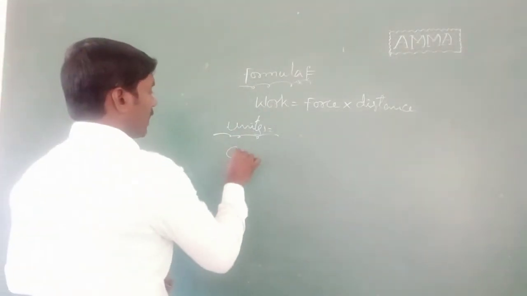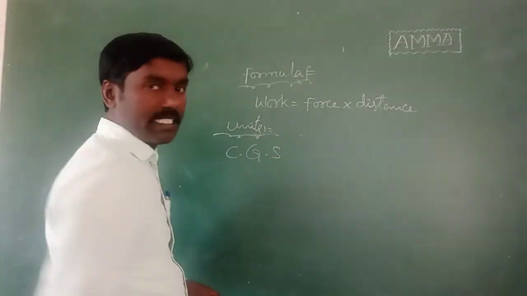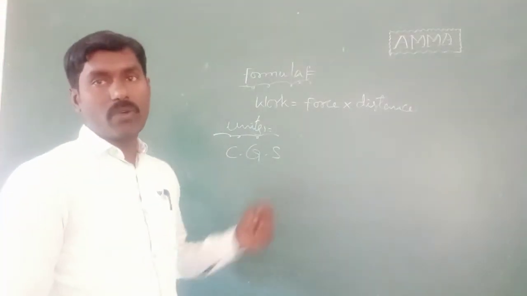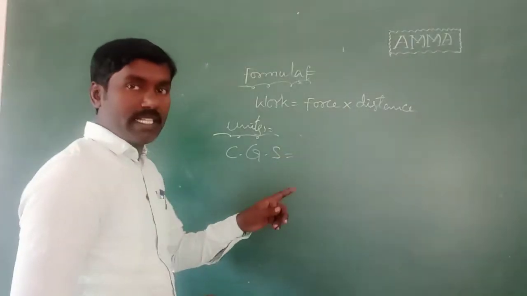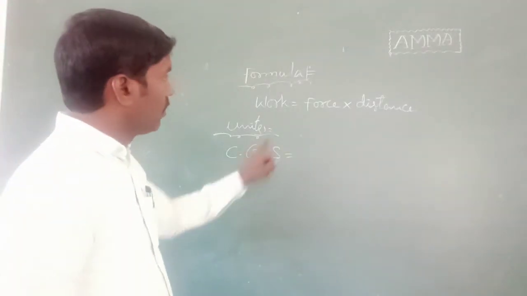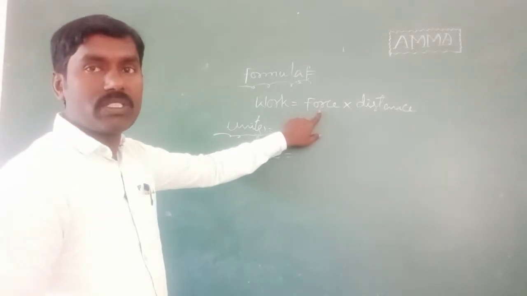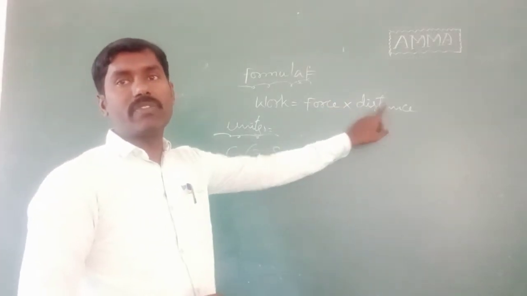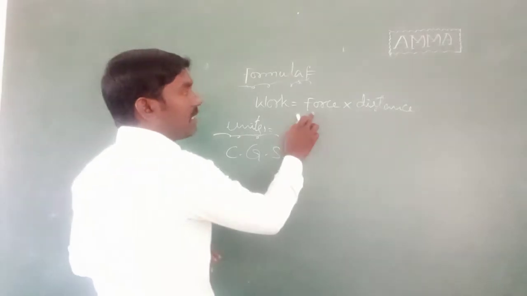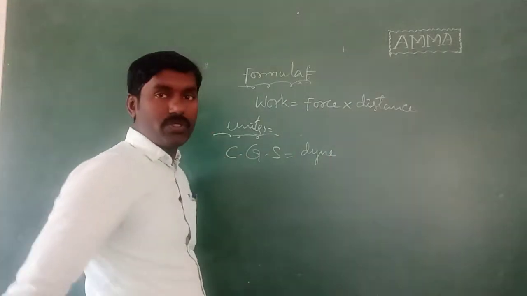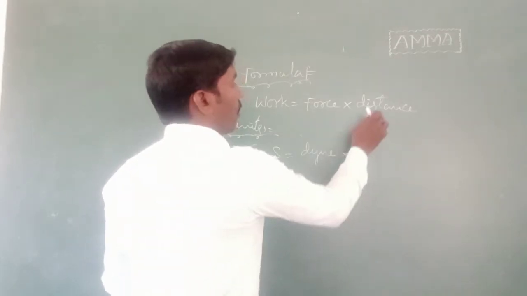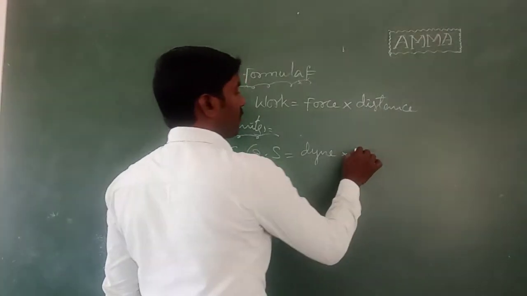If you want to find out the CGS unit of work, first we should know the CGS unit of force and the CGS unit of distance. What is the CGS unit of force? Dyne is the CGS unit of force, into what is the CGS unit of distance?